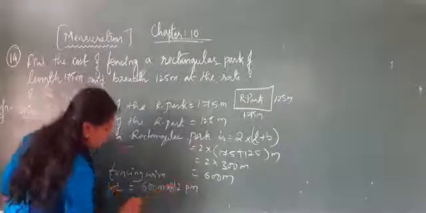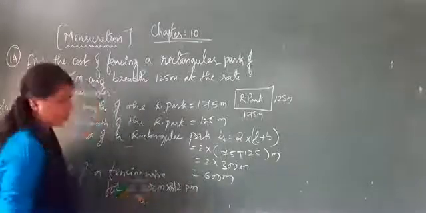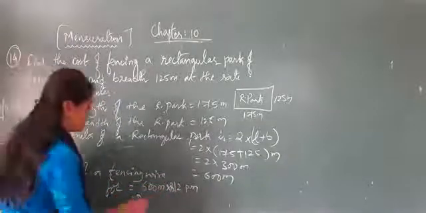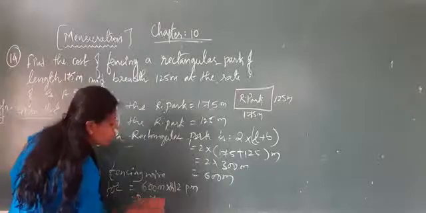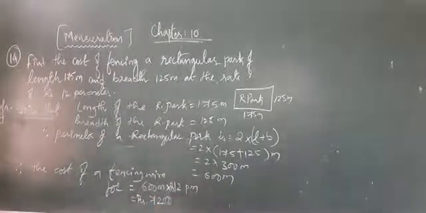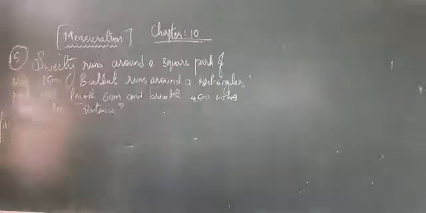You have to write it in rupees because we are finding the amount here. So 12 sixes, you know how much? 72. Write 72 hundreds, so rupees 7,200 is the amount we are going to pay here.